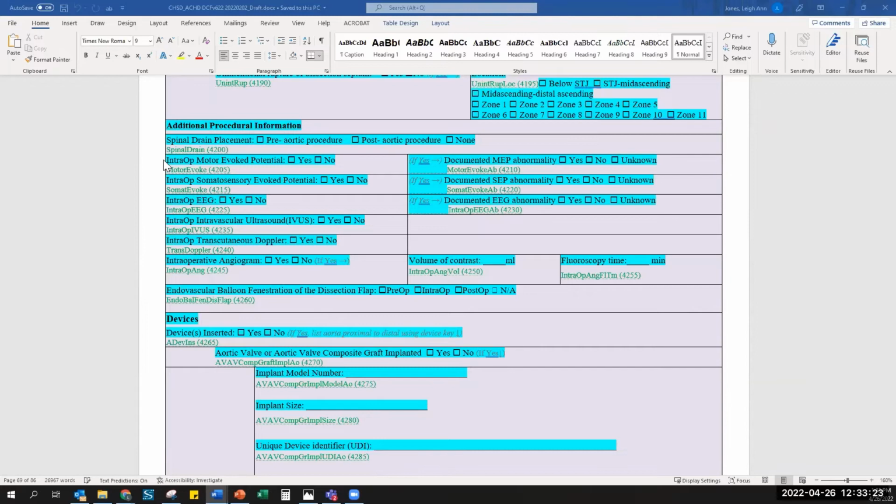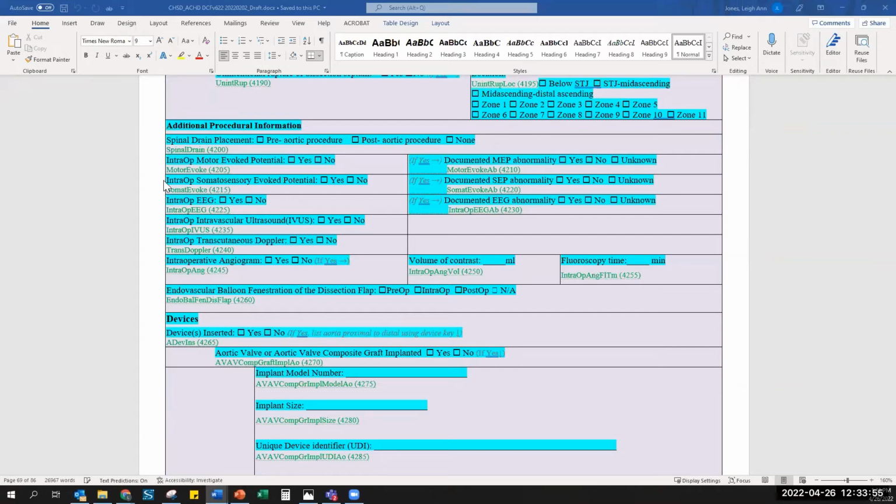The next question is intra-op sensory evoked potential. This is used to monitor spinal cord function or sensory function during aortic intervention. So again, you're monitoring electrical impulses used to stimulate sensory tracts and measurement of sensory response along the spinal cord.